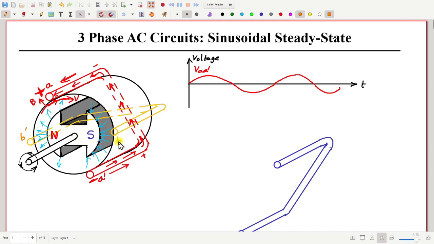Some voltage will again be induced in this conductor BB prime, but will this voltage be exactly similar to the voltage AA prime? Yes, no, or what will be the difference? Anyone?